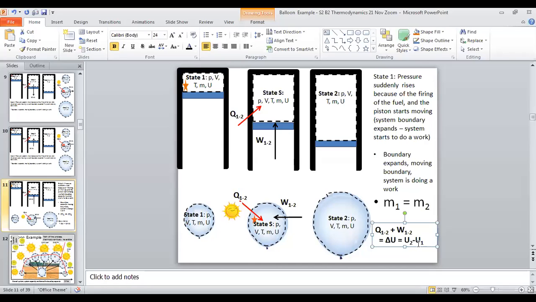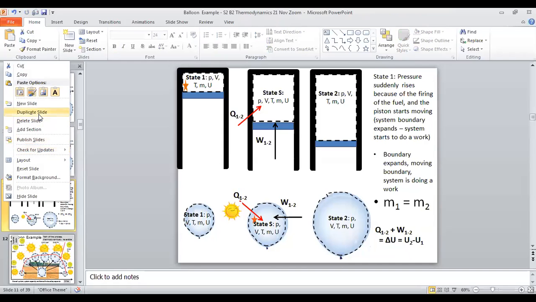Very good. And you know, for constant volume systems, W is 0. You have learned this. If you can remember. Constant volume system, W is 0.